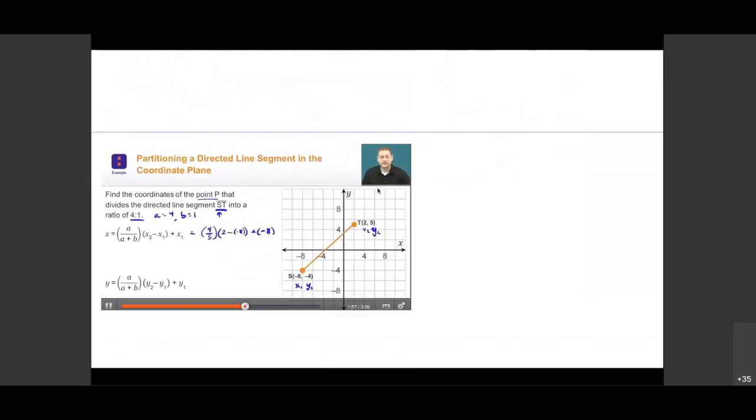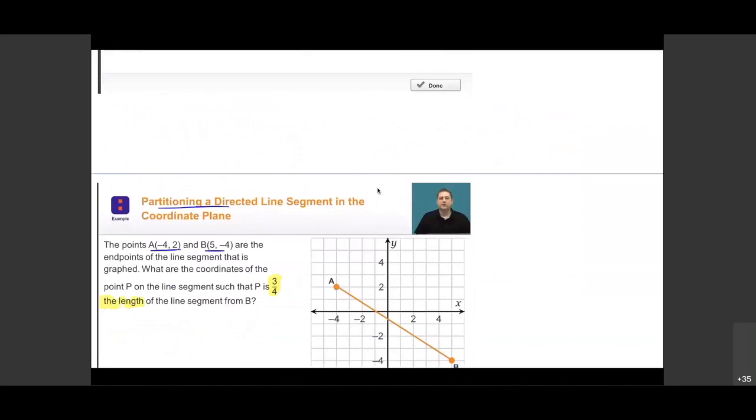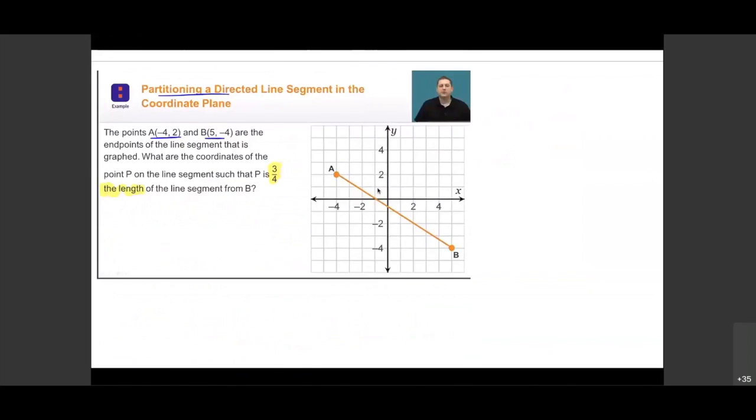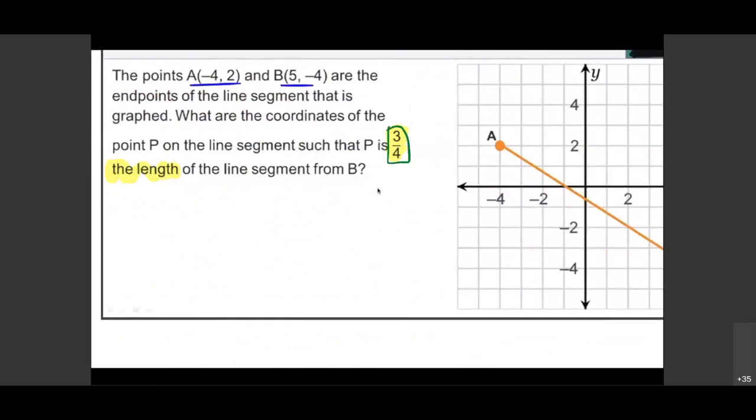And this other version that I wanted to talk about doesn't give you a ratio, it gives you a fraction. And this fraction is equal to your A over A plus B. So you're not having to figure out what's A and what's B. You just know that that fraction is the first part of the equation. That's the front part.